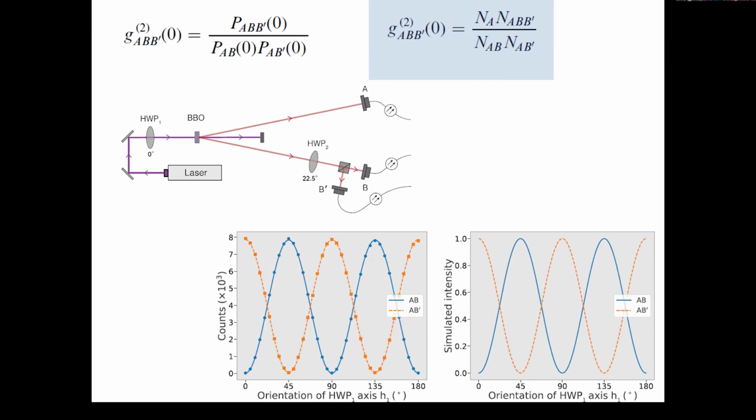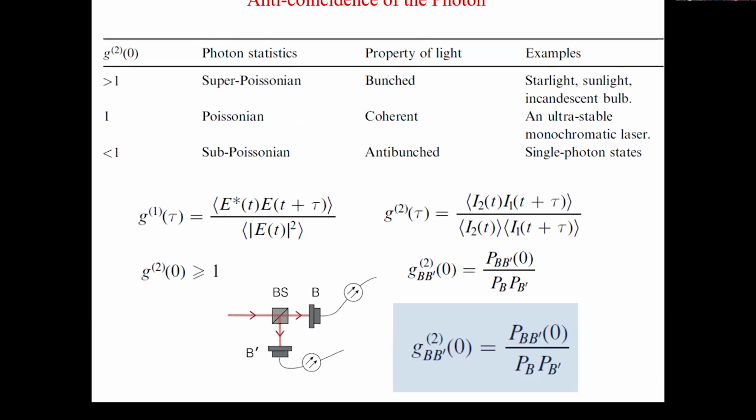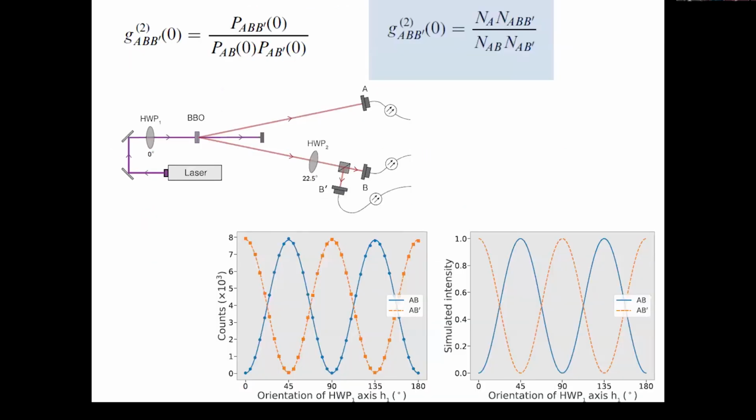This number turns out to be smaller than 1. Okay, which means that when I am looking at heralded single photons, given that there is a coincident click on A, and in that subspace, I have single photons. In fact, for the ideal case, this numerator should be 0.